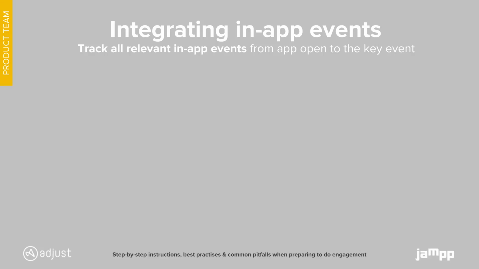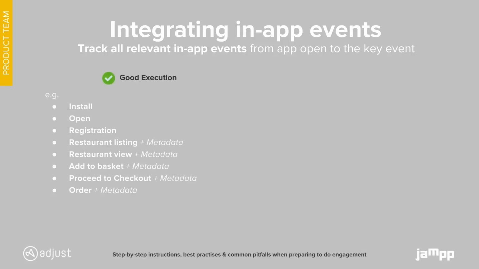So rather than just seeing a user has viewed a restaurant, we actually see which restaurant they viewed and maybe say the type of cuisine. So using the restaurant theme, here's a good example of complete data tracking. You can see all of those events there along with the metadata that's being appended.